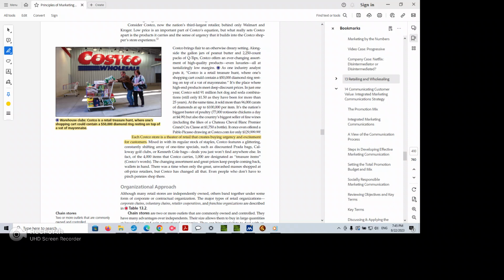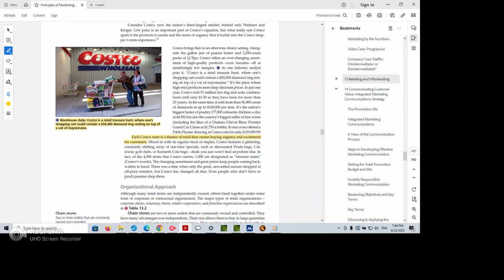Mixing with regular stock of staples, Costco features a glittering, constantly shifting array of one-time specials such as discounted Prada bags, Callaway golf clubs, Kenneth Cole bags, deals you just won't find anywhere else. In fact, of the 4,000 items that Costco carries, 1,000 of them are designated as treasure items. That's Costco's words.